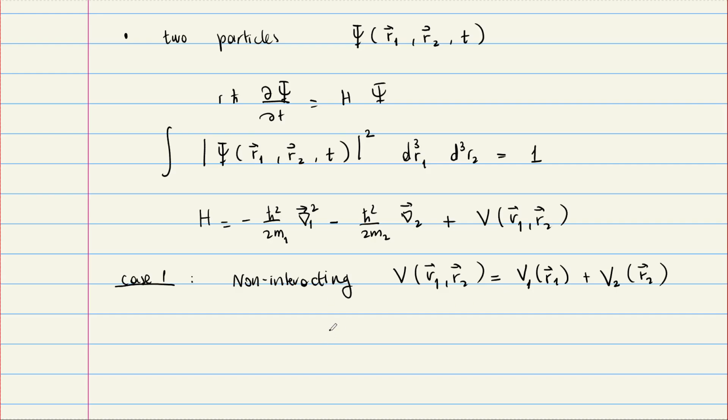And in that case, the wave function is separable. This psi of R1 and R2 can be written as a product of two wave functions. Let me call them psi A of R1 and psi B of R2.